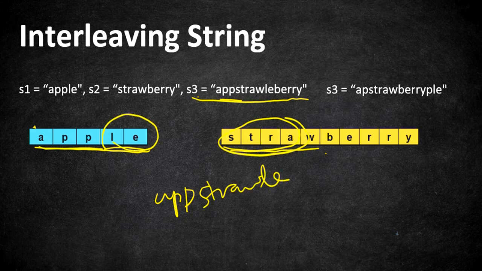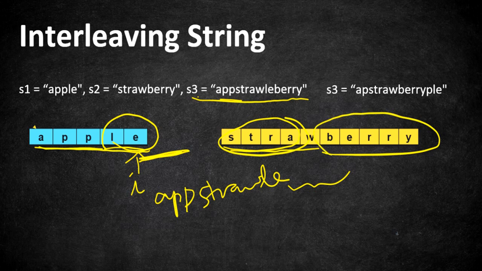So now our pointer I is exactly at the last character of our string 1. So we don't have any other characters left in string 1 to help us construct our result or S3. So in that case, the rest of the string has to be constructed only by the characters from S2 because we don't have anything left in S1.